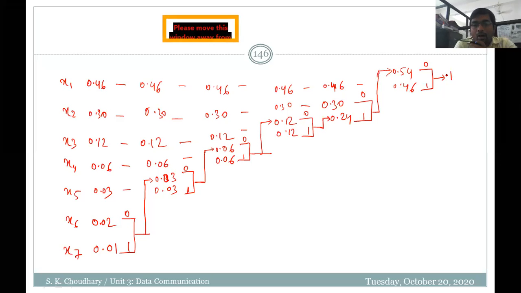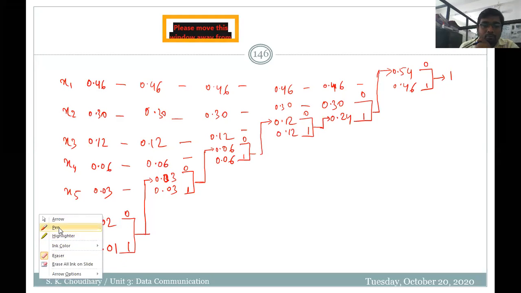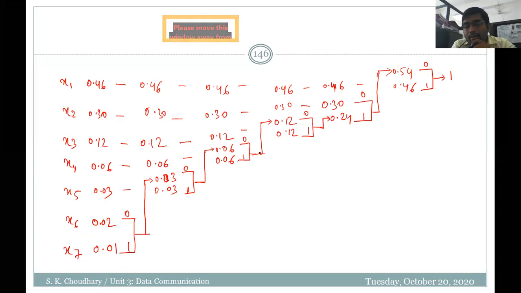So in this Huffman tree, what we have done, we have used the method that if the summation of two probability values is higher than the next probability value, then we bring it above that probability value, just like in the last case you can see.